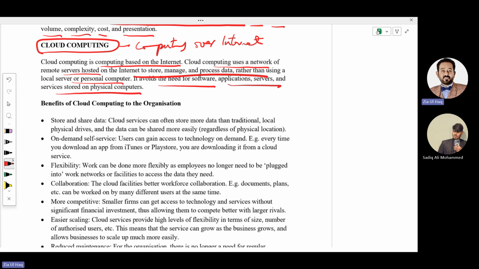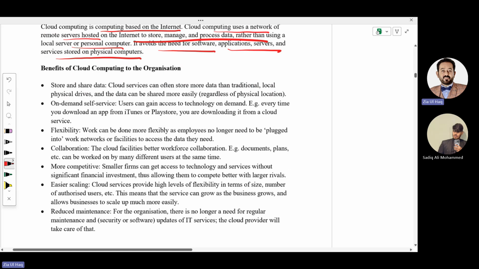You don't need to store data on your physical computer. If it is in a cloud drive, you can access it using any system, sitting in any place in the world. If it is in your system, you can only access it using that system. But through the cloud, you can access data sitting anywhere in the world using any computing device.